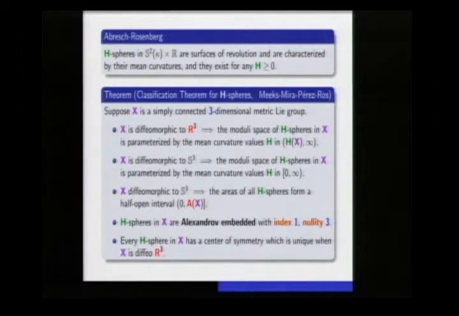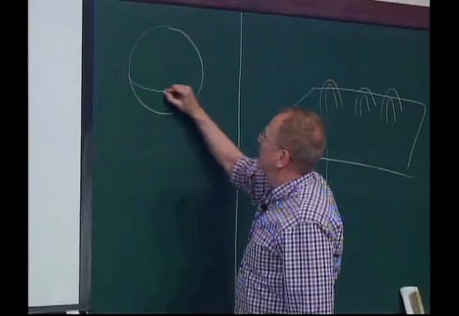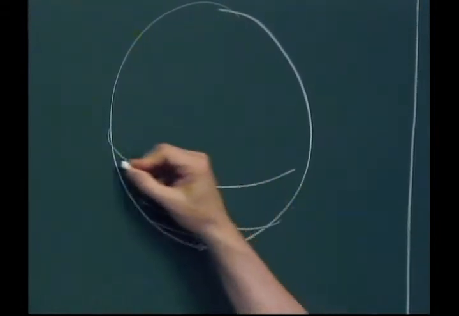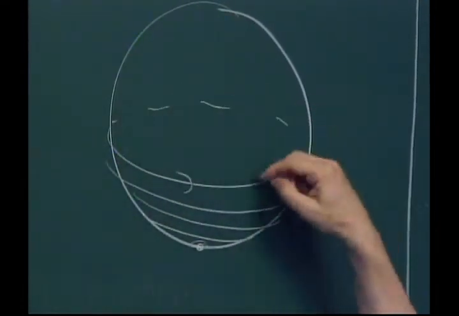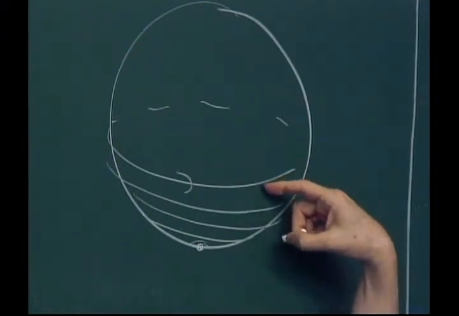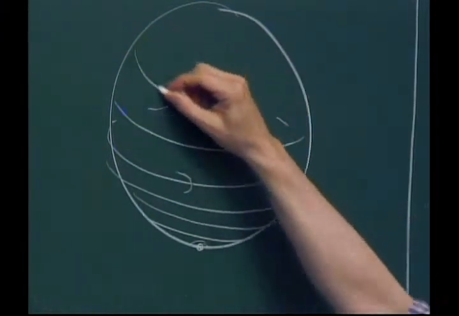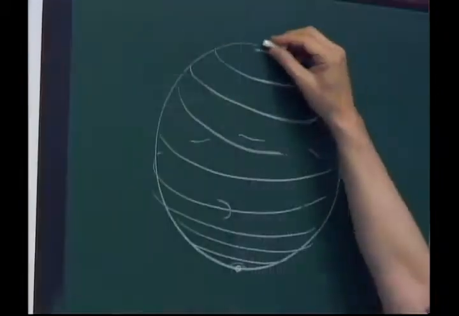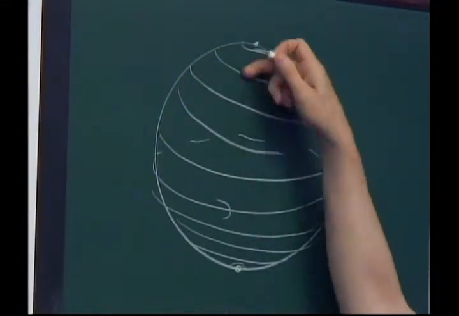In S3, we have a unique sphere for each value of the mean curvature. And here it's actually interesting to think of the mean curvature going from minus infinity to plus infinity, like on the two-sphere. You do this with geodesics. You have little circles converging down to the south pole, but think of them as all being oriented. You get to the great circle here, which is minimal, a geodesic, and now I guess we go up to plus infinity, or, depending on how you orient everything, up to minus infinity.